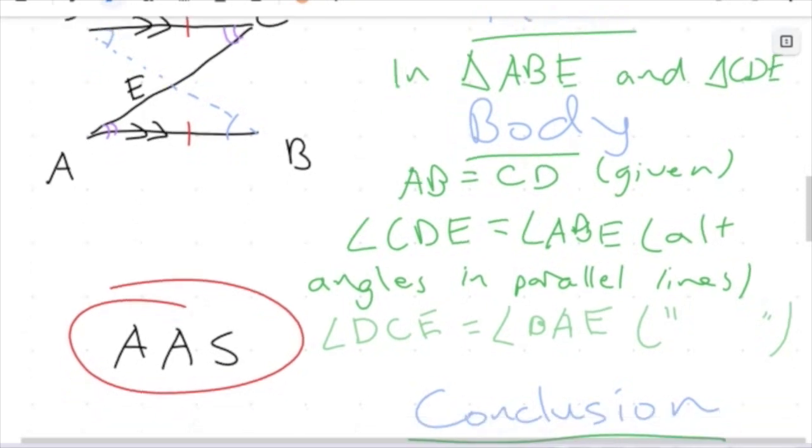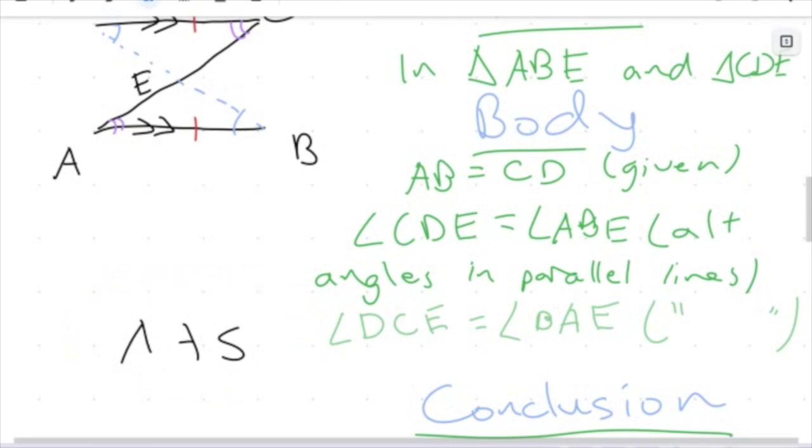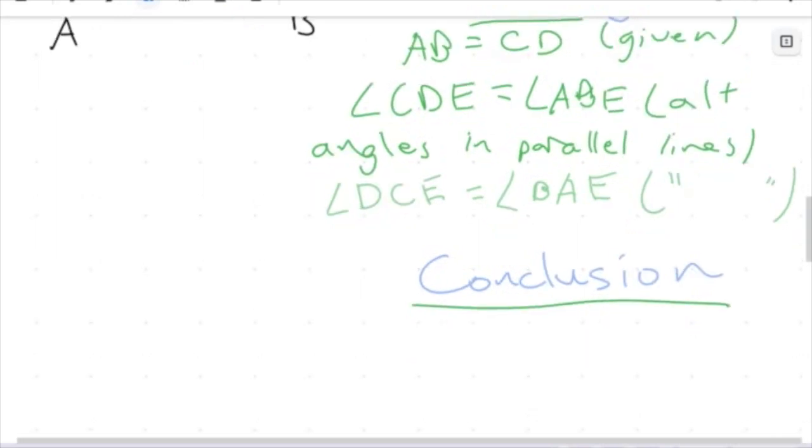So now I have in my congruence proof 3 key ideas. Remember, I need 3 bits of information to say that two triangles are identical, are congruent, are the same in every way. So in my conclusion, I'm just going to refer to the idea of congruence, the thing I'm trying to prove at the end of the day.